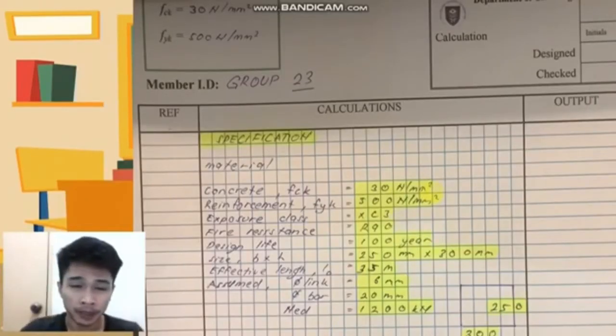Okay, my name is Islan Shakiri bin Ali. My matric number is CP190071. Okay, I will present about the column for this project. This is the specification for this project.